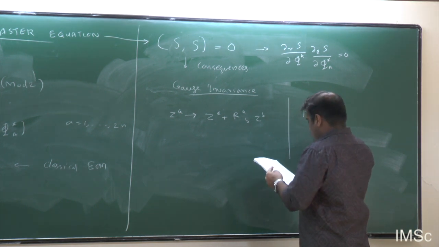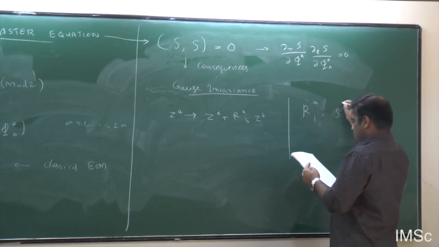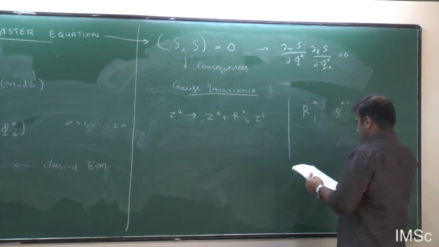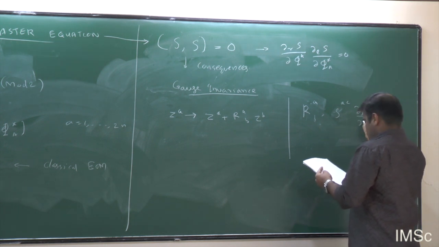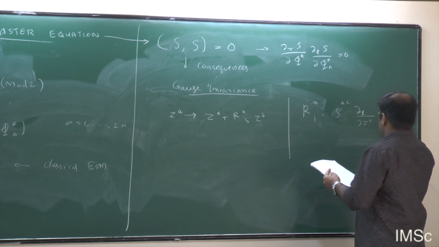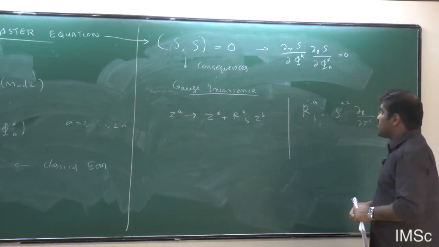RAB is given by some matrix theta AC, left derivative with respect to CC, and then right derivative with respect to CB, acting on the action S.